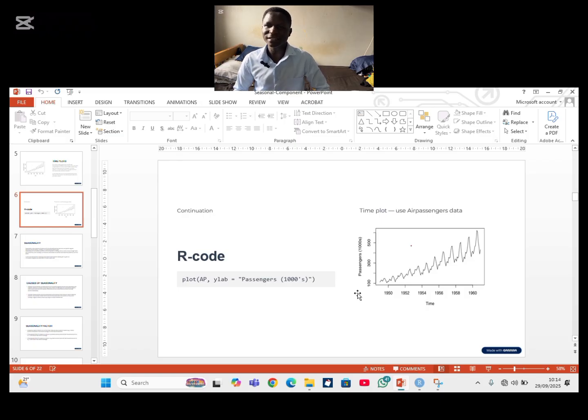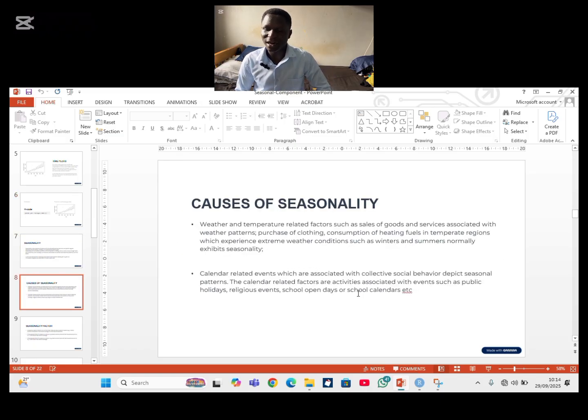Now, that seasonality factor could be above or below.